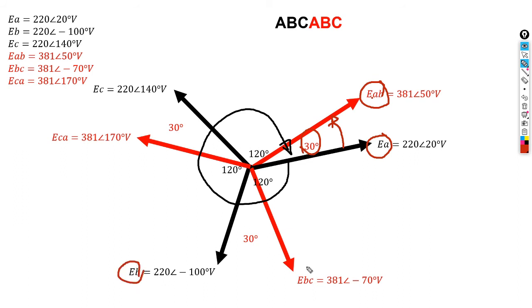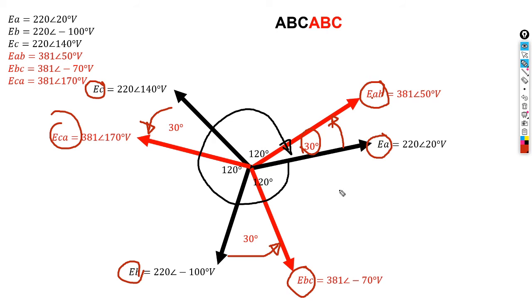So if I come, I can see it's B. The corresponding line voltage is BC. So BC must lead B. So you can see that BC is coming before B. The same here, you can see that CA is coming before C, because the corresponding line voltage to C is CA. Okay, so therefore what you have to keep in mind is, when I start with a reference, I must put them in a clockwise direction.